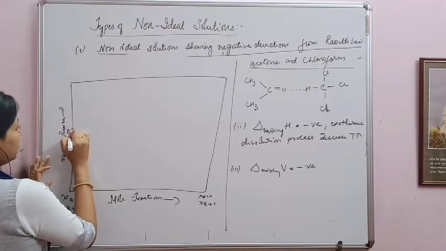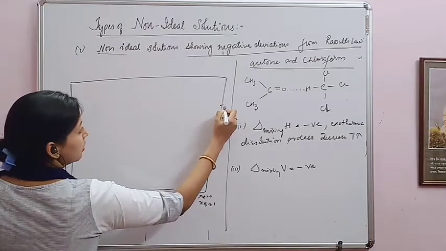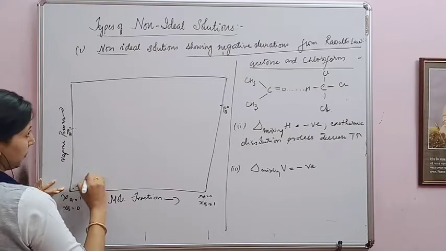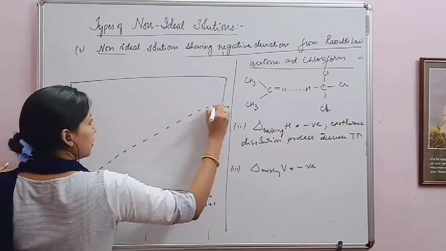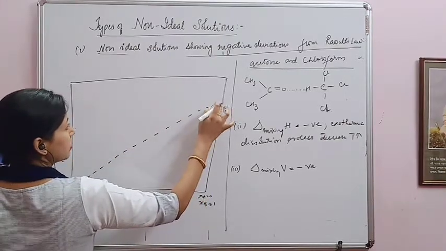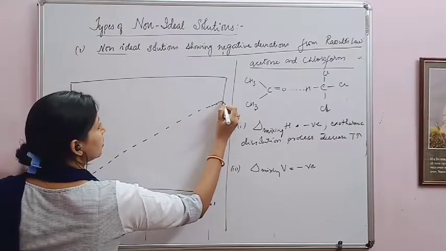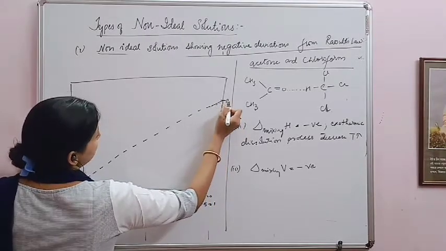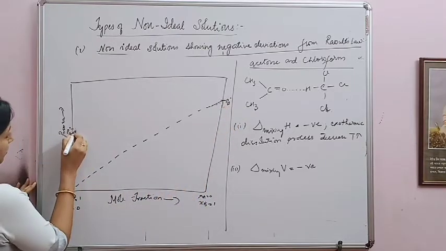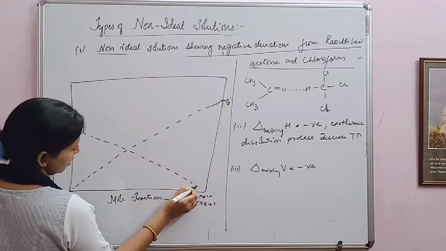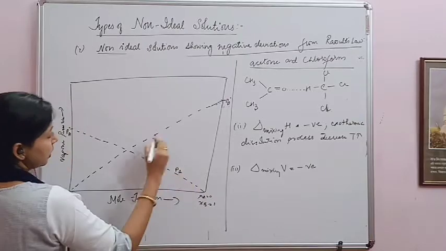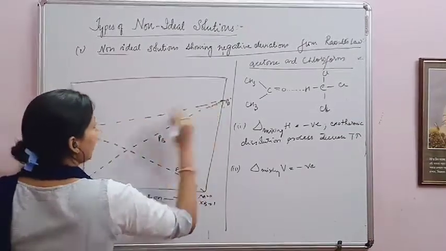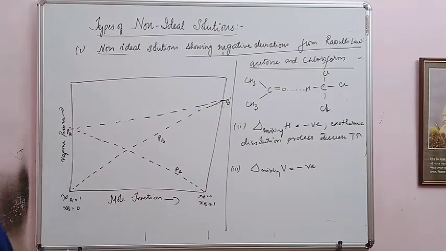This is PA naught, PB naught. So this is partial pressure A, partial pressure B, and this is the ideal vapor pressure of the solution.